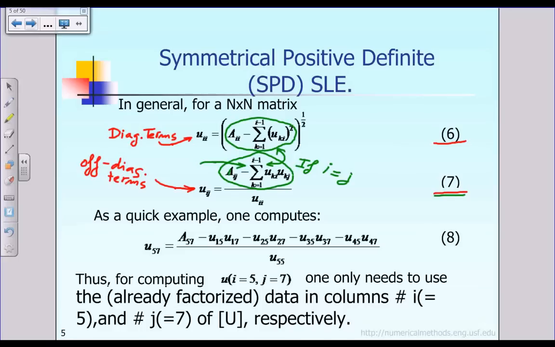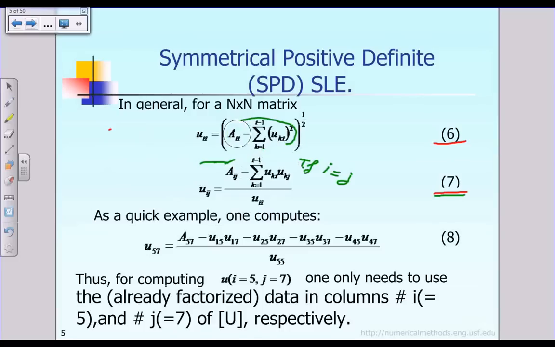Now notice one thing. There's another thing I want to mention here. Suppose in the beginning the value of a_ij right here is equal to 0, as an example.